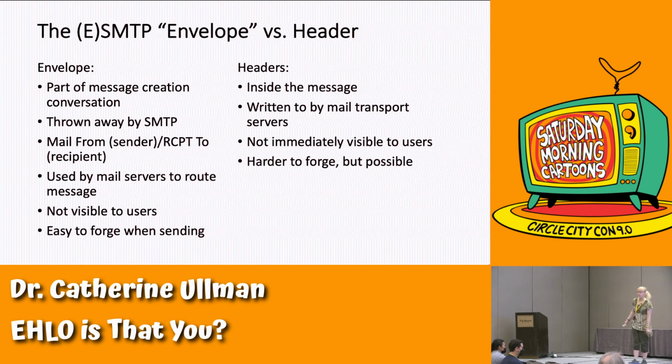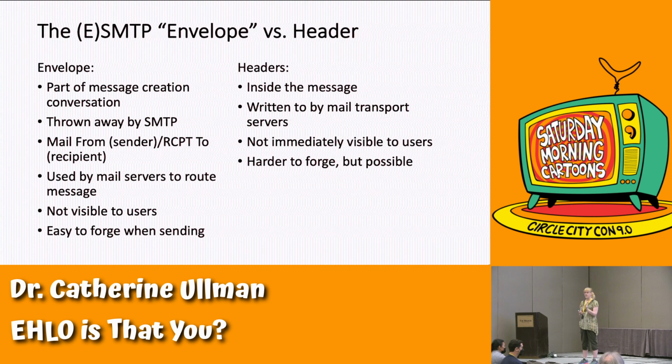All right, so here's where we get to the envelope versus header thing. And we're going to see why this matters when I show you a conversation between the client and the server. And I mentioned SMTP and ESMTP, which really is just a newer version of SMTP, but it basically works the same way. So the difference between the envelope and the headers is that the envelope is generated as the message is generated.